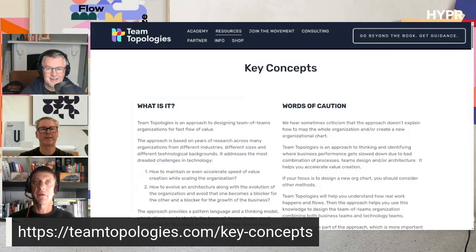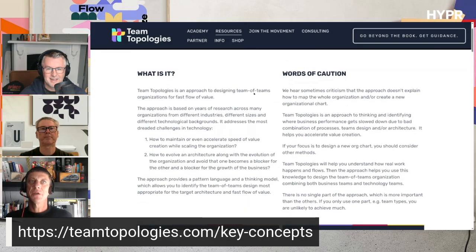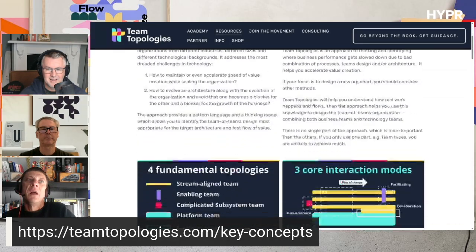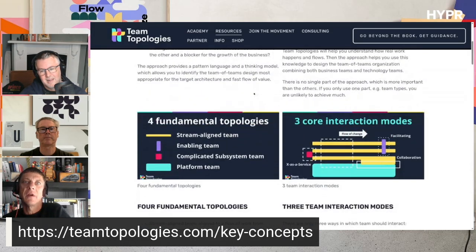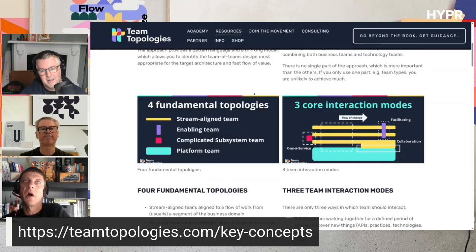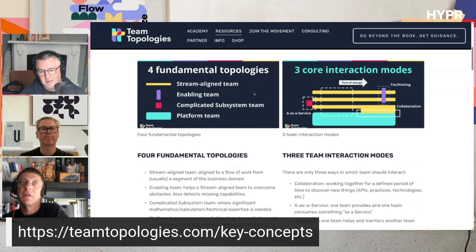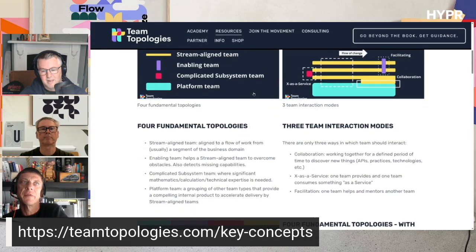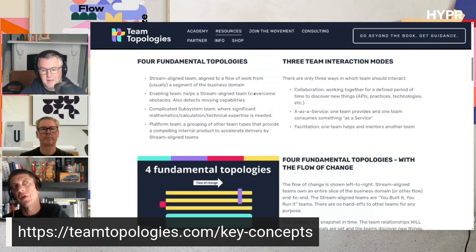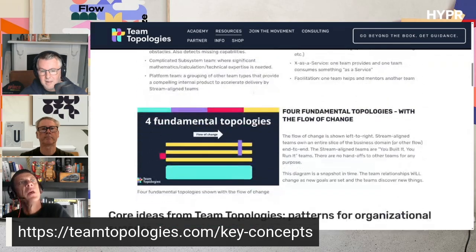Cool. So Daniel's sharing the key concepts page. Everyone knows about the shapes and the interaction modes, but it's worthwhile everyone having a look and reminding themselves of some of the principles and patterns that go along with the shapes and interaction modes. So some of the core principles, like focusing on flow rather than structure.